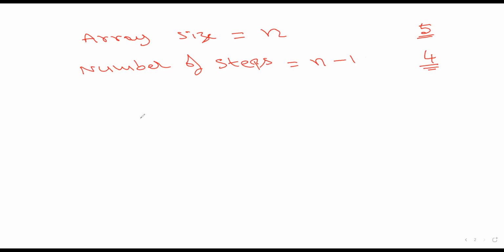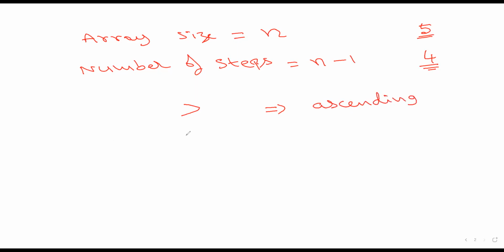In the case of ascending order, we are considering greater than. So if the left side element, that is the 0th position element, is greater than the first position element, we swap those two. By considering this, we get the elements in ascending order.